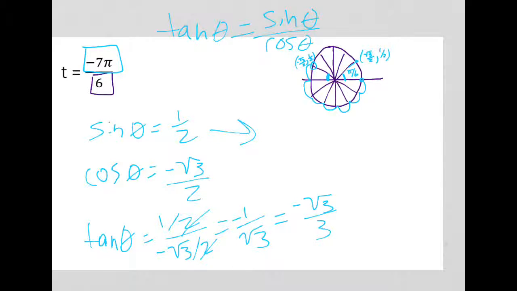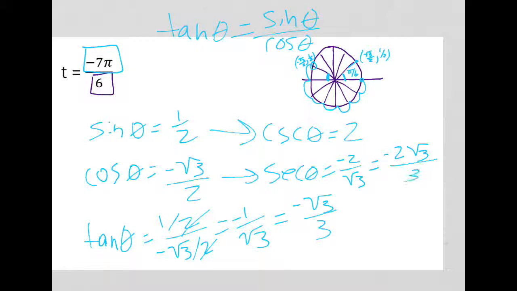Okay, now we need the 3 reciprocal functions. Cosecant goes with sine, so cosecant of that theta is going to be the reciprocal of 1/2, which is 2. Flip the fraction. Reciprocal of cosine is secant of theta, and we need to, again, flip the fraction. So we get negative 2 over root 3. We need to rationalize and get negative 2 root 3 over 3.